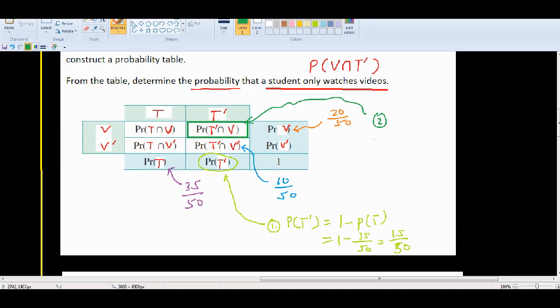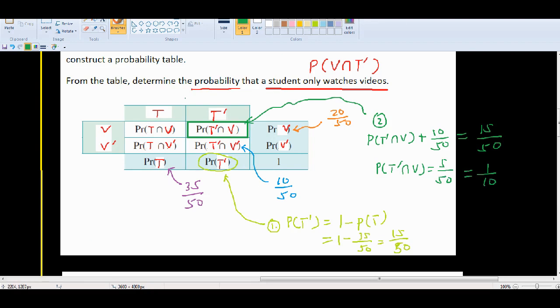This plus 10 over 50 will be this 15 over 50, because along the column, they add up to become the bottom number. So 15 over 50, take away 10 over 50, that will be 5 over 50, which is 1 over 10. That's it, it's done.